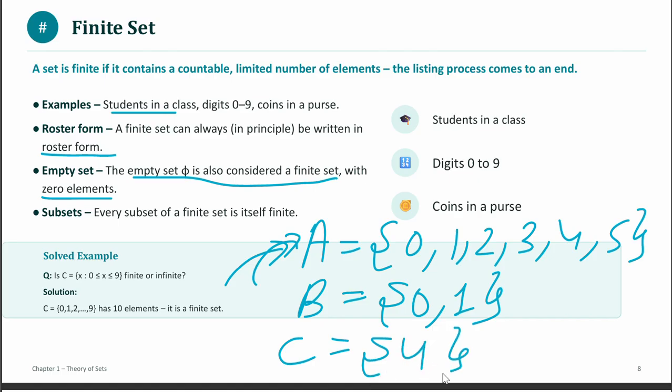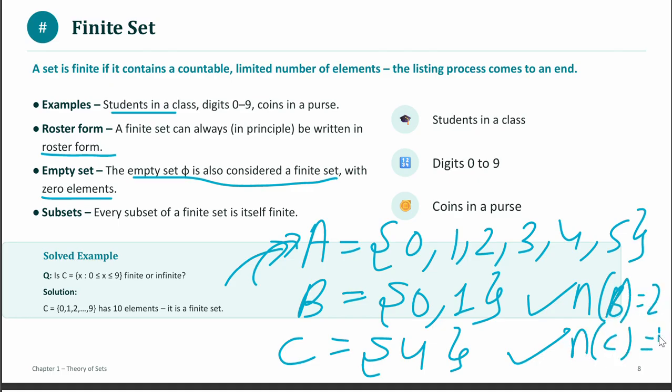Now, if you see sets B and C, which are the subsets of set A, right? You may see here that they both are finite. That means they're countable. N of B here is 2 and n of C here is 1. Okay, so both of them are finite. So every subset of a finite set is itself finite.